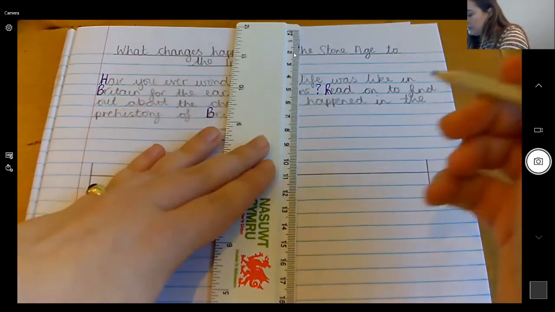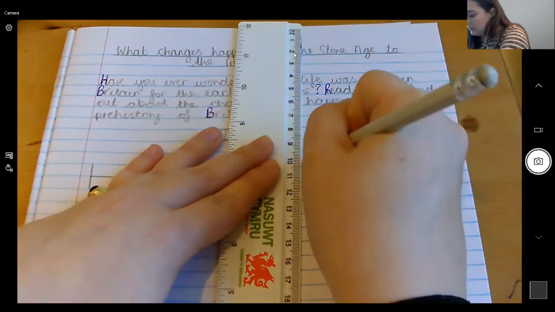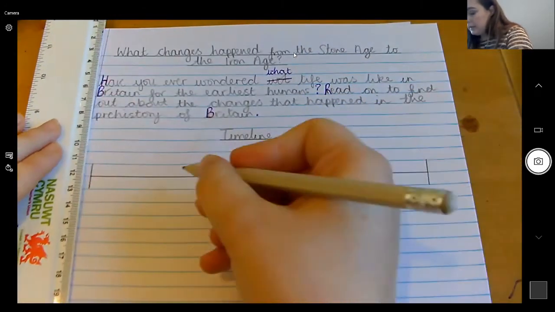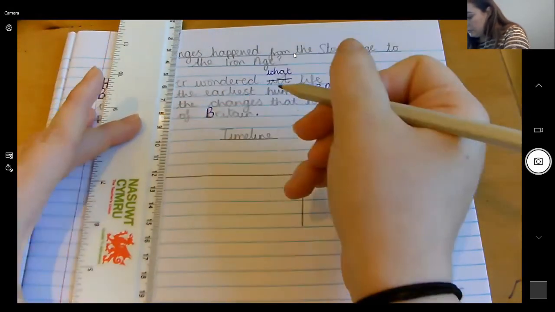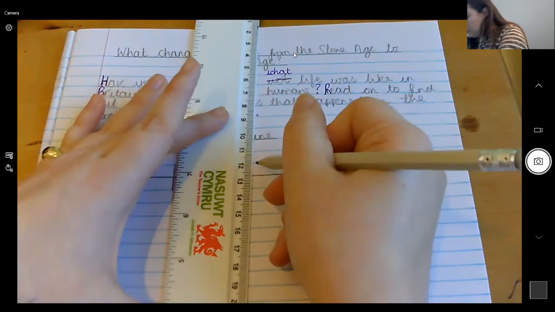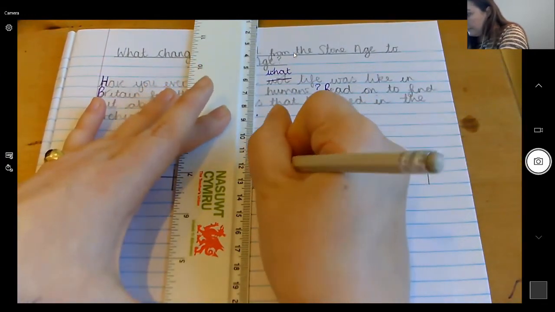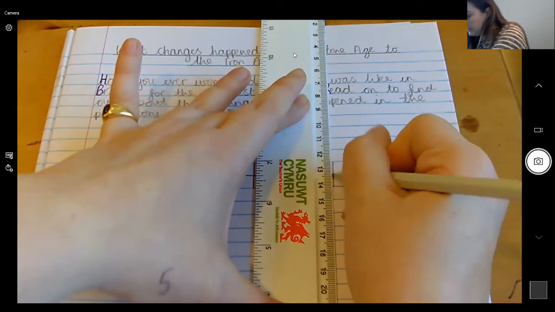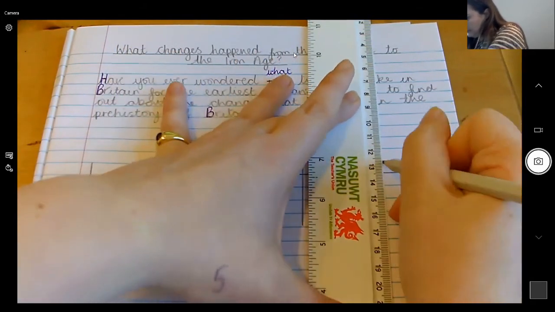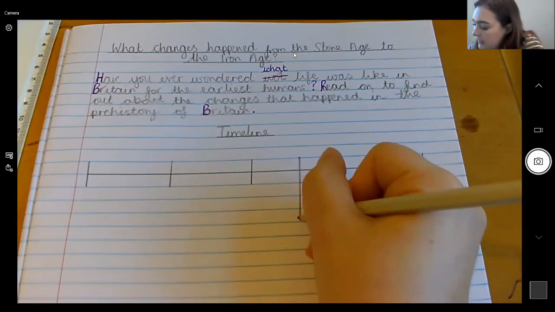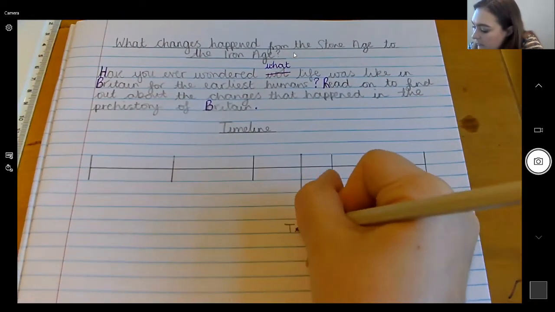And then that's going to be the birth of Christ one. I need three there. I need one here. And one there. Brilliant. Okay, so I'm going to start by writing here where it says the birth of Christ.